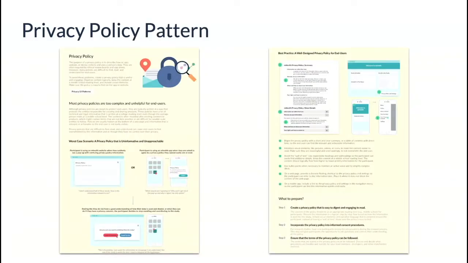I'm just going to highlight one of the patterns on the website right now, and that's the privacy policy pattern. The privacy policy pattern talks about some of the design functions you can use to make it more transparent and allow people to really understand what's going on in the study. As we learned in the interviews, no one reads a privacy policy, which is alarming, but not too surprising.